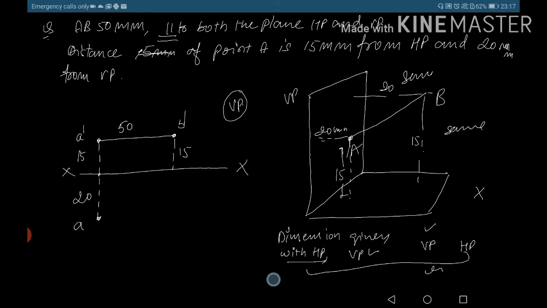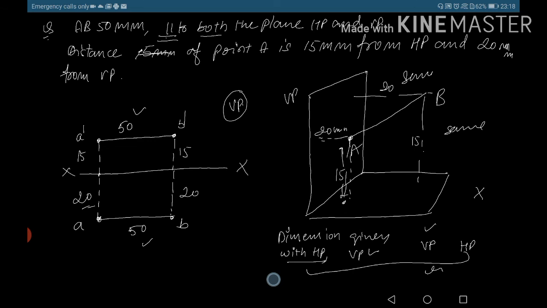HP में ड्रॉ कर रहा हूँ, है ना, ऊपर से देख रहा हूँ तो नीचे आ गया ना ये पॉइंट, तो ये हो जाएगा मेरा A. सिमिलरली अगर ये 20 है तो I will come down, this also is 20. So this is A, this is B. So this is again 50. So these two length will remain 50 because line is parallel to both the plane.